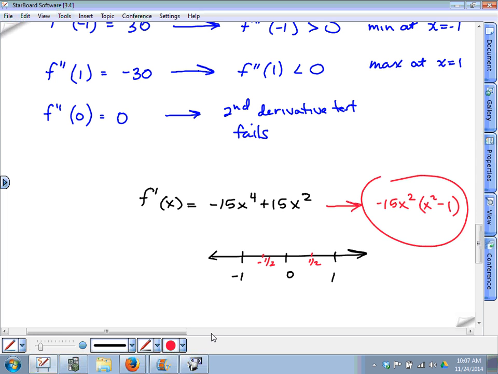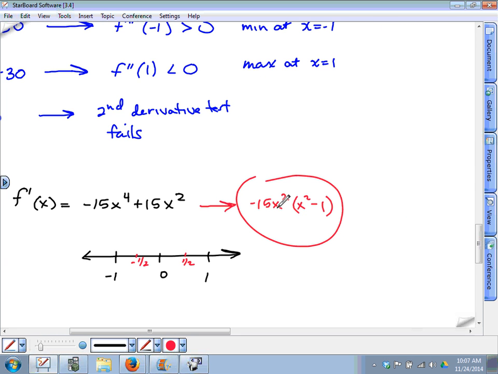Let's actually use the factored form. If I plug in -1/2 and square it, positive or negative? But a positive times -15 is negative, and then -1/2 squared is positive 1/4, right? And 1/4 minus 1 is negative. Negative times a negative is positive. Always a positive. Big old positive right there.